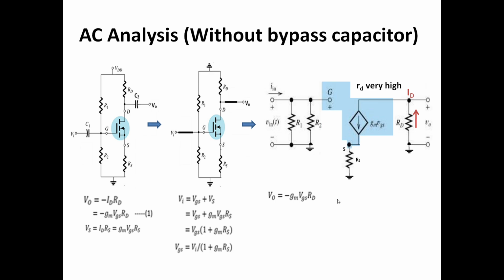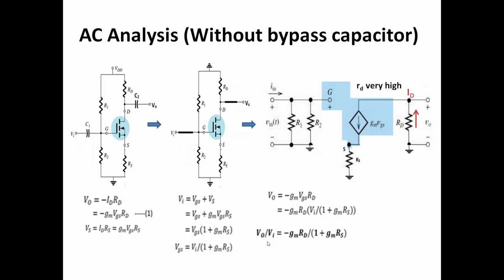Now let's do the output potential. We found in equation number 1 that V0 equals minus GM VGS RD. Now we replace the VGS with Vi by 1 plus GM RS. Then we can find V0 by Vi, which is the gain, output potential by input potential.